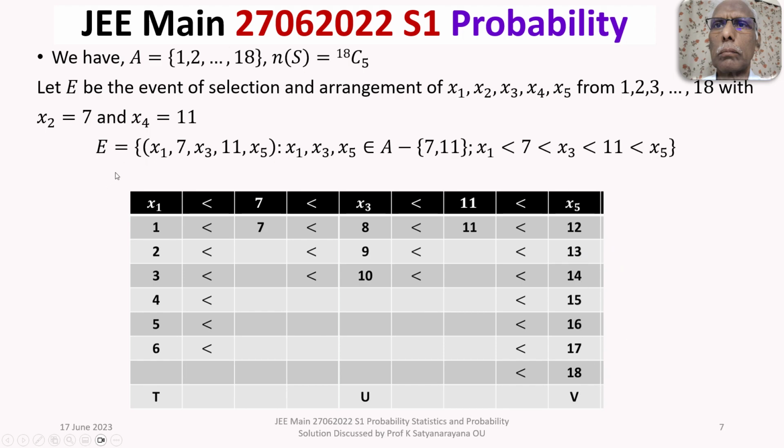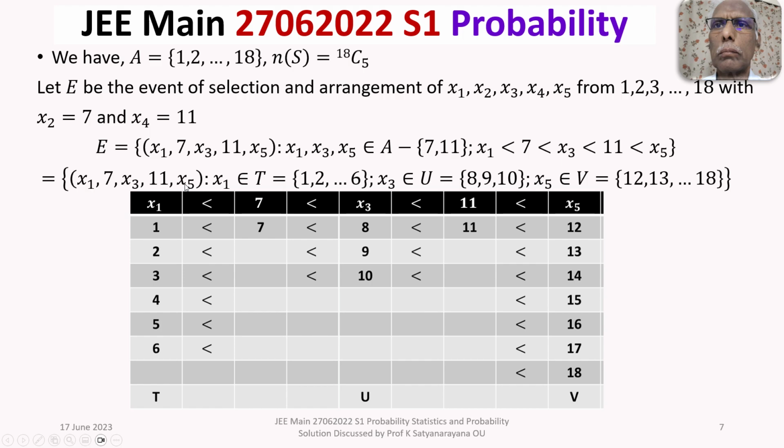Let's get into E. E is equal to the set of all those 5-tuples where in the place of x2 is 7, in the place of x4 is 11, where x1 belongs to T, T being the set consisting of 1 to 6 which we have already seen, and x3 belongs to U, the set consisting of 8, 9, 10, and x5 belongs to V, where V is the set consisting of the 7 numbers 12, 13, 14 up to 18. So that is the E.